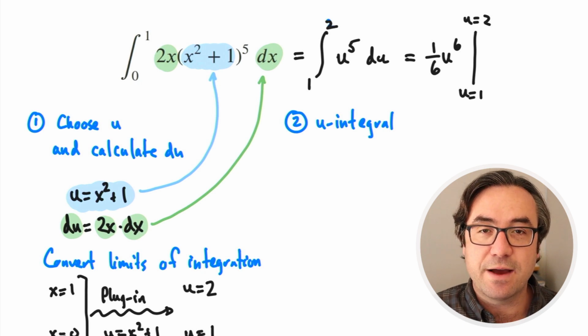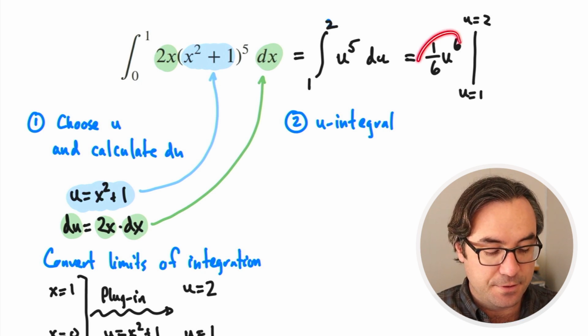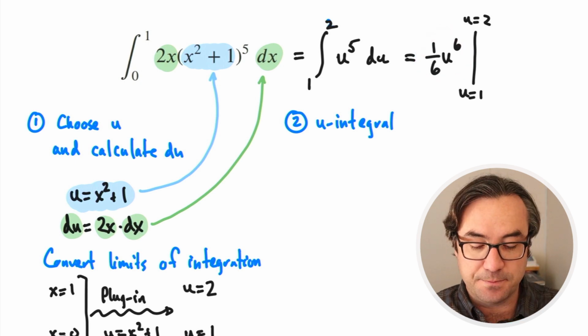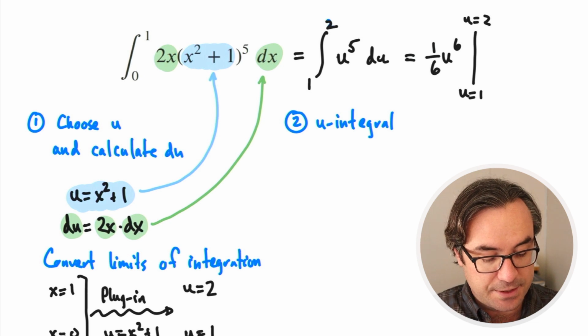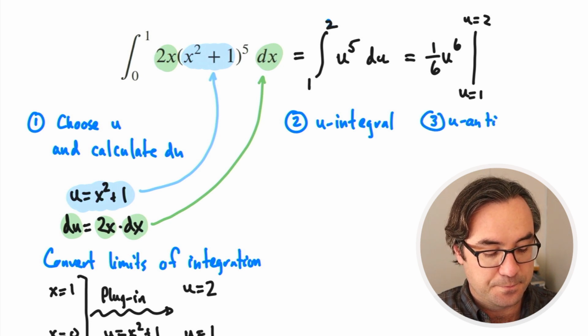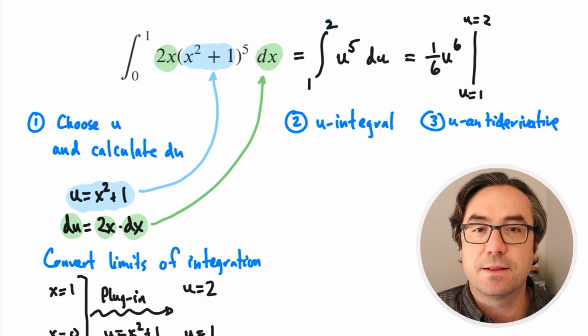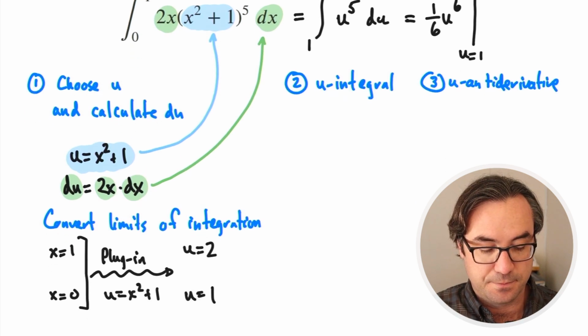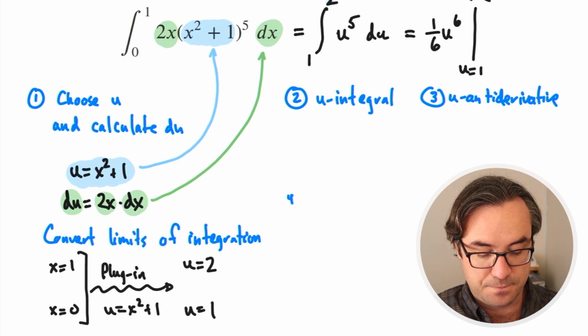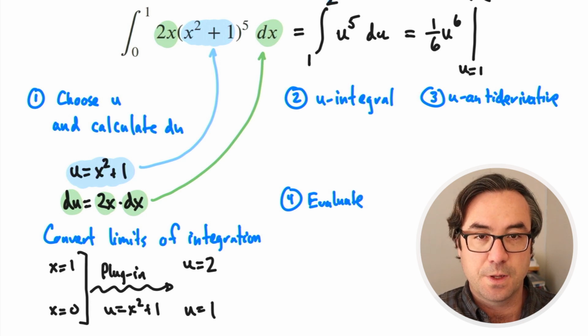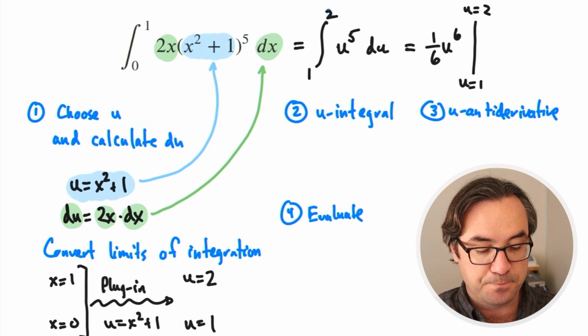Once we have our antiderivative, we just evaluate like regular. So how do we evaluate?